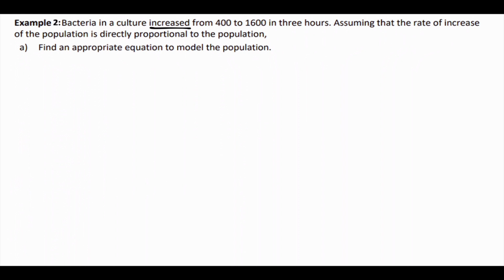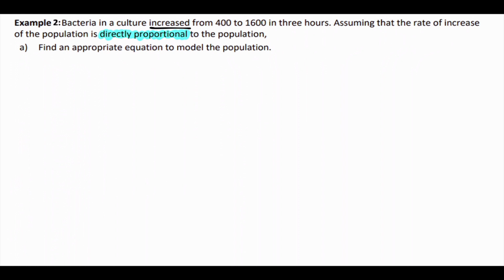So in 3 hours, it went from 400 to 1,600. Assuming that the rate of increase of the population is directly proportional. Here is our key that this is exponential growth and decay. Those 2 words right there. You see that? It's going to be exponential growth and decay.